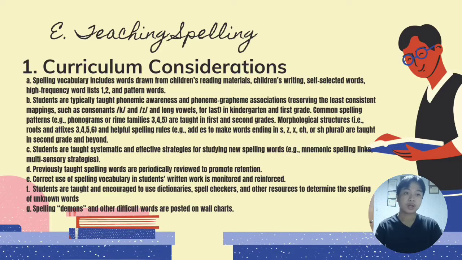So, a mnemonic is an instructional strategy designed to help students improve their memory of important information, particularly in spelling. For example, when you try to remember the spelling of arithmetic, you can just say, a rat in the house may eat the ice cream. So, using the first letter of each word in the sentence, you can easily spell the word arithmetic.